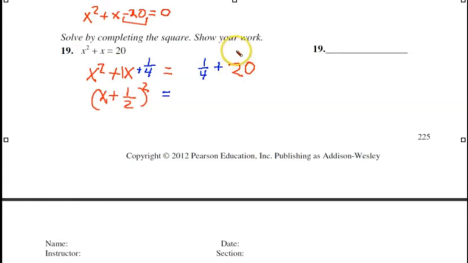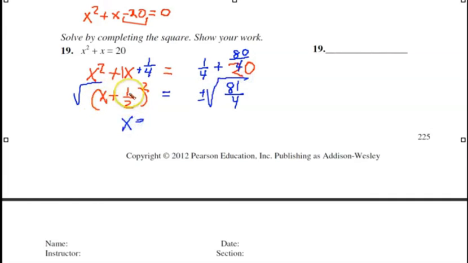So this is actually 80 over 4. 20 is 80 over 4. 4 in the 80 is 20. But I want to add them together. So I get 81 fourths now. Now I take the square root of this side and I go plus or minus the square root of that.